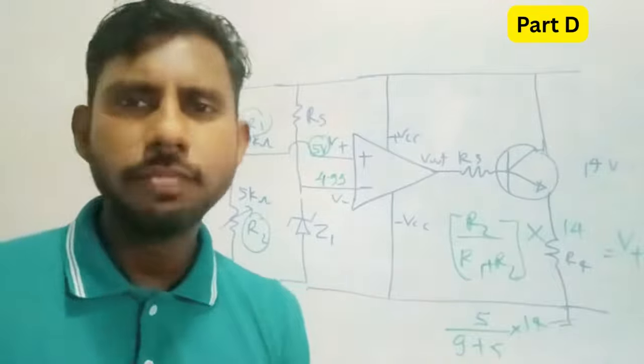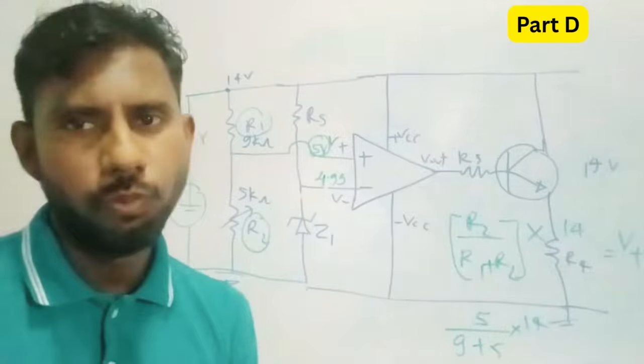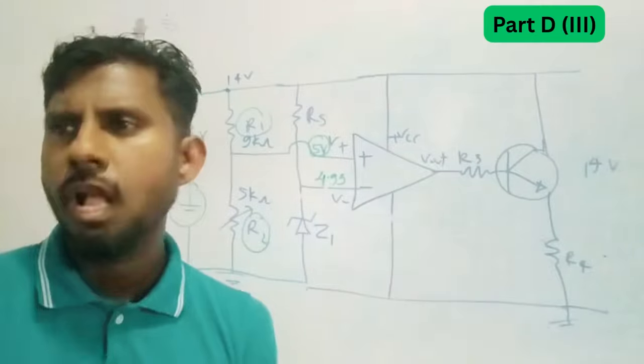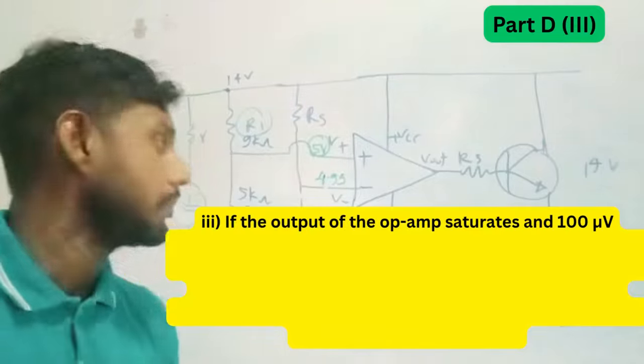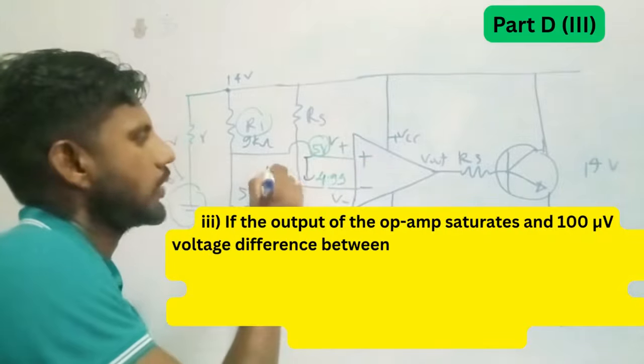Do the calculation and write down that the maximum potential here can be 5 volts. So VZ is 5 volt. Output of the operational amplifier saturates for a 100 microvolt potential difference. Here, the small difference, as I mentioned earlier, is 100 microvolts.